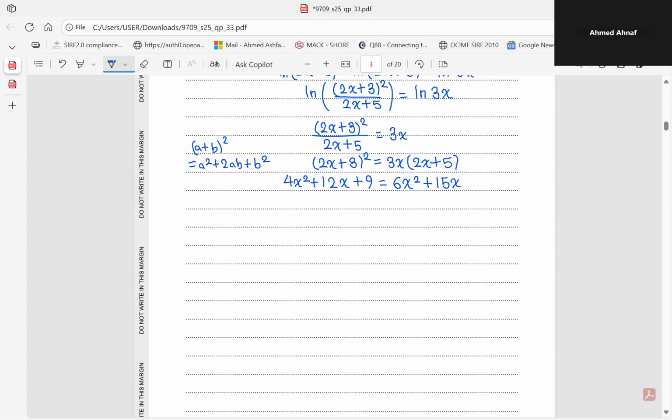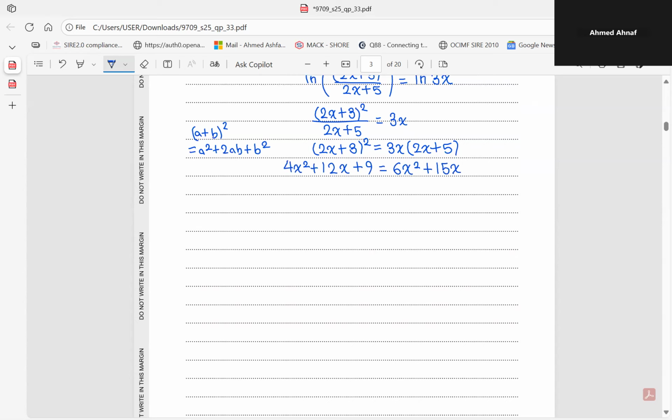All right, now let's move everything to the left-hand side to simplify this into a quadratic. So 6x squared minus 4x squared, that's 2x squared, plus 15x minus 12x, which is 3x, minus 9 equals 0. Okay, now you can either factorize this to solve or use a quadratic formula. So I'm going to try factorizing this.